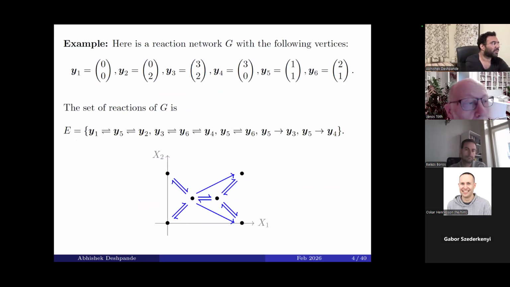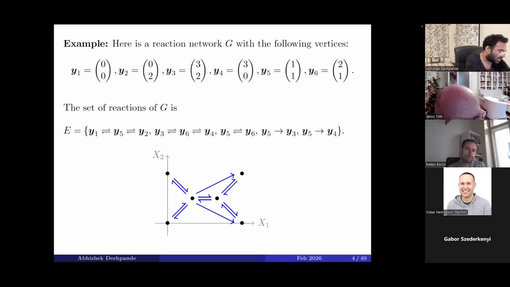So for example, here is a reaction network with the following vertices: (0,0), (0,2), (3,2), (3,0), (1,1), and (2,1), right? And essentially, you have five reversible reactions and two irreversible reactions in this network.